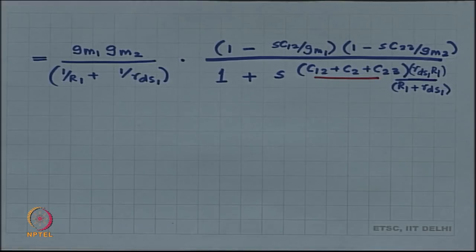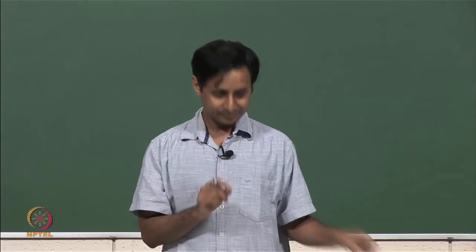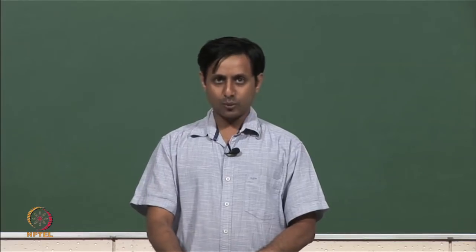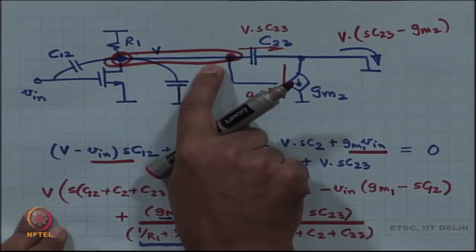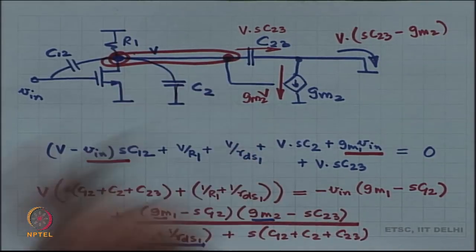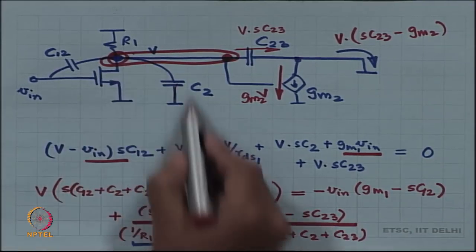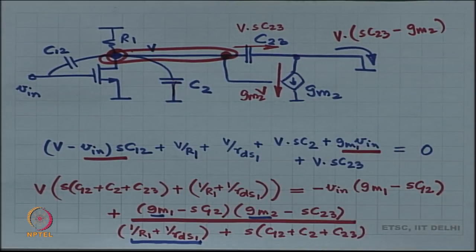So, if you look at that one node where the voltage was not known, you inspect that one node, what is the effective resistance there? It is R1 in parallel with RDS1, there is no other resistance. What is the effective capacitance there? It is C12 plus C2 plus C23, there is nothing else.